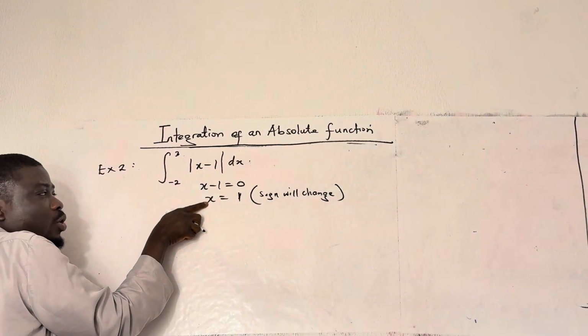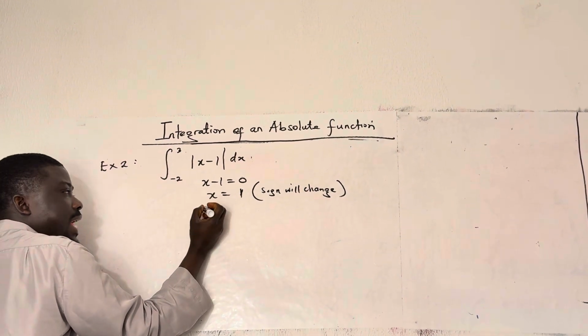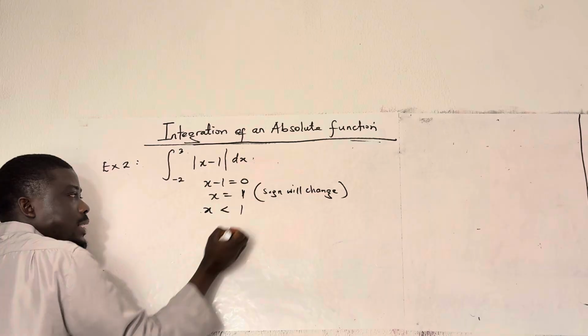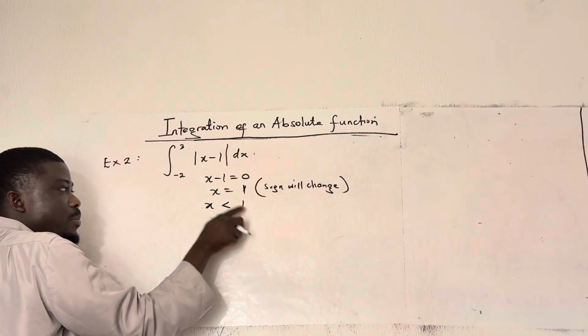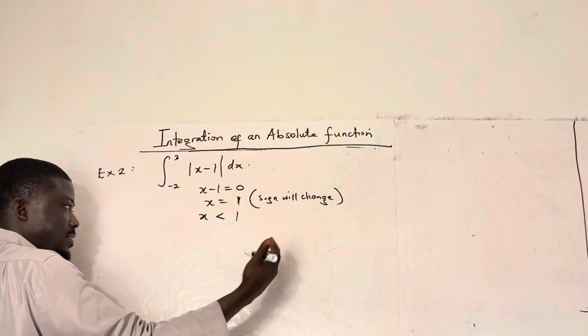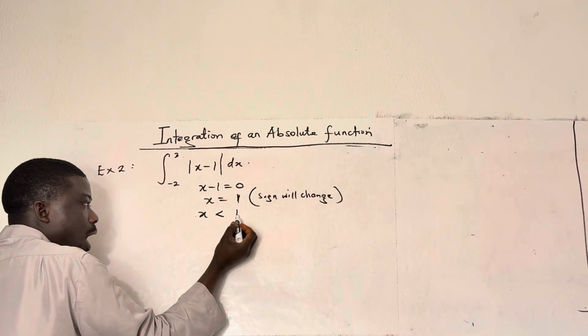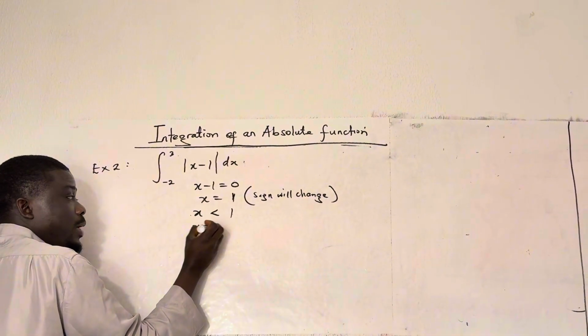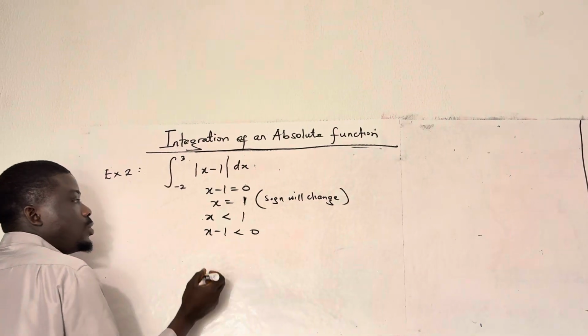Since we are talking about 1, it implies that when x is less than 1, we must have the negative part and the positive part. So when x is less than 1, it implies that x minus 1 is less than 0.